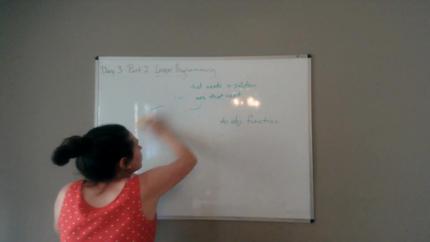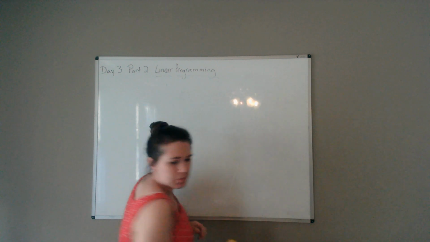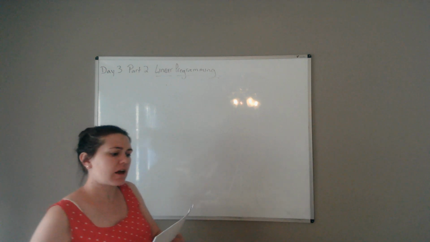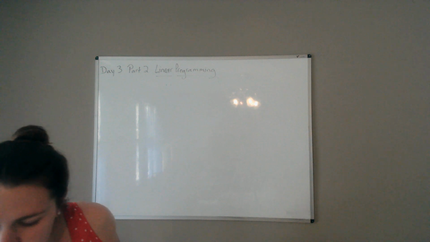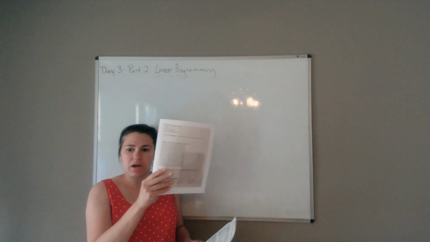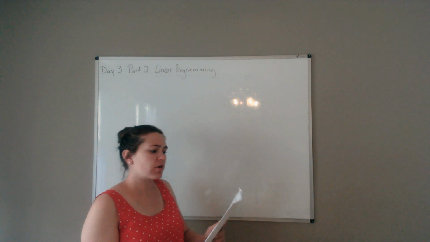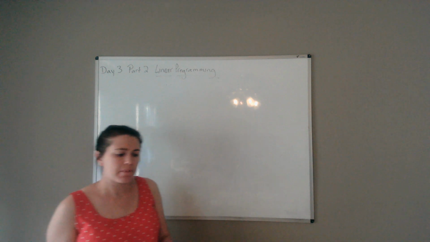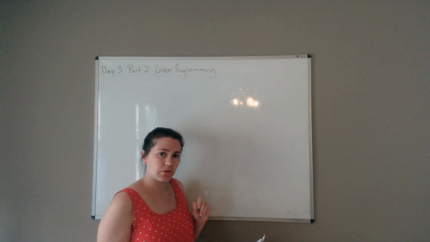And what you should do right now is look at problem number 1 from day 3, part 2 problems, which is the farmer, and have a skeleton ready. So pause the video, read over the farmer problem, and then play the video.